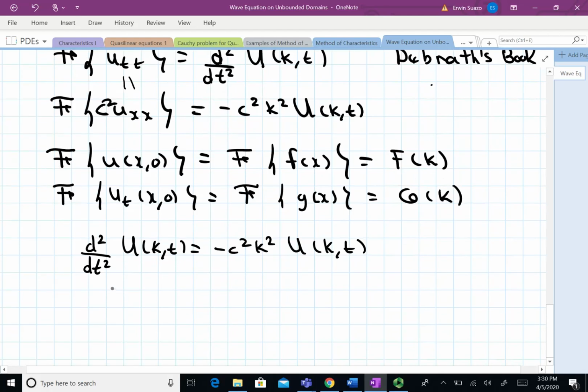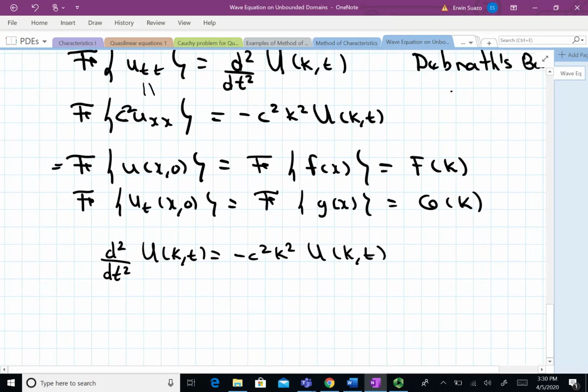and then you get, so you see this one becomes capital U(k,0). Okay, and this one by properties becomes the derivative with respect to time of capital U(k,0).